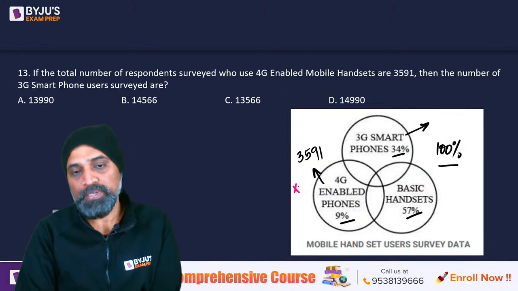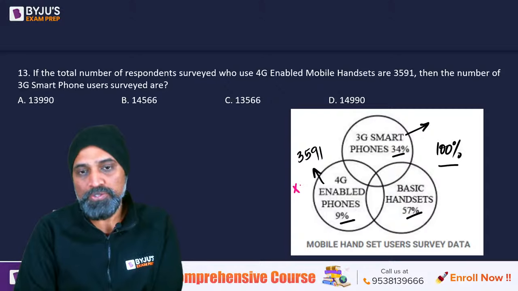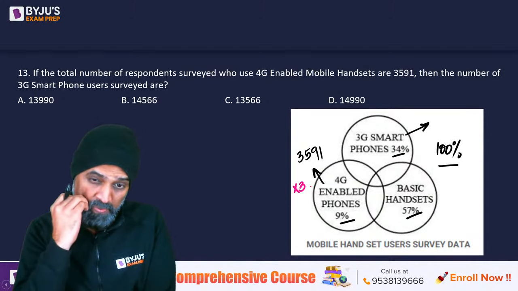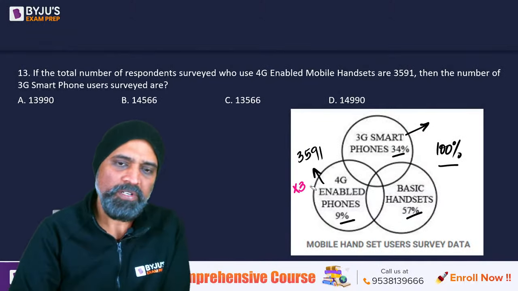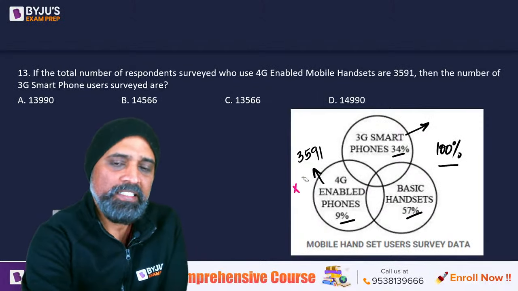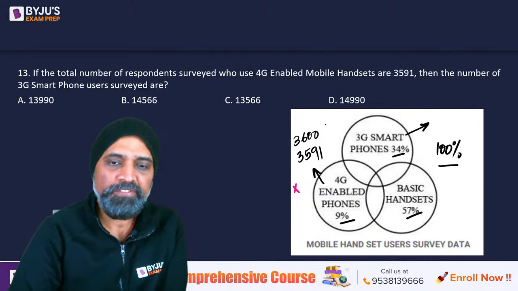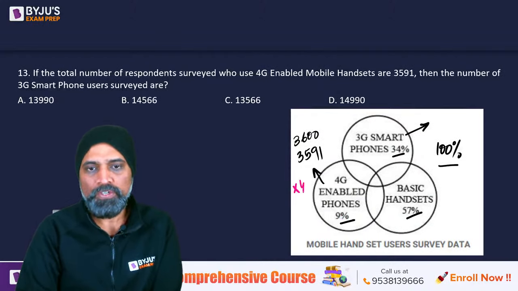So we will be doing 9 into 3 is 27. ठीक है, इसकी जगह एक काम करते हैं. Suppose this was 3600. So we would have straight away said 9 into 4 is 36, 9 into 400.